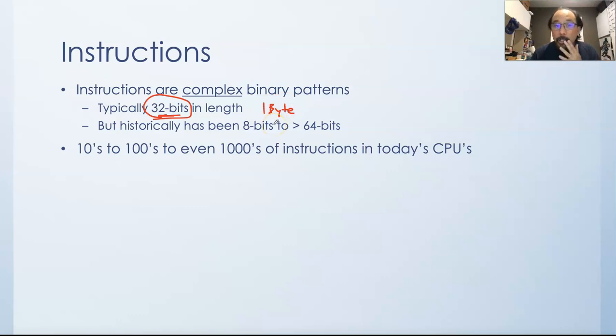It could be larger than 32 bits as well. How many instructions are there in a CPU? I would say typically in the tens to the low hundreds, 50 to 150, 50 to 200. Some computers might have thousands of instructions, but typically this might be the general range.